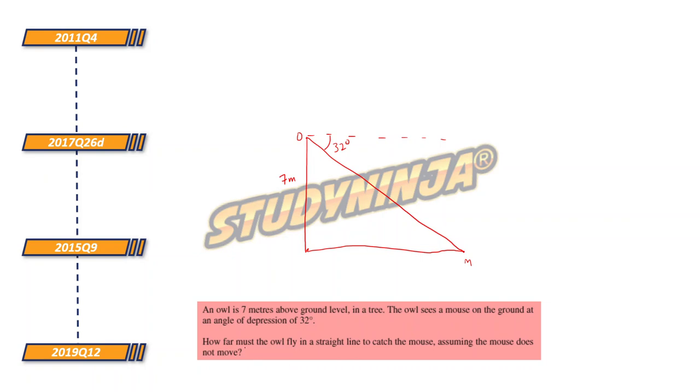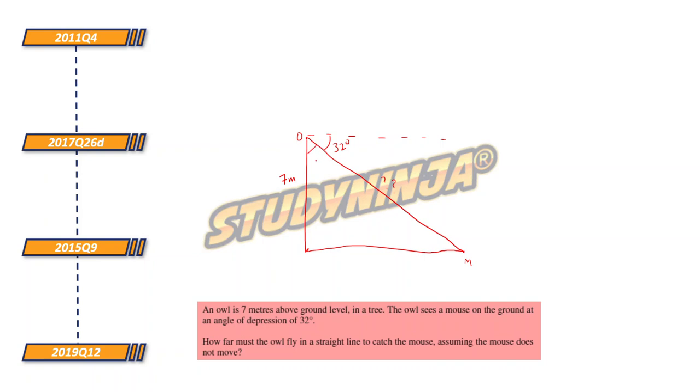So now it's asking you how far must the owl fly in a straight line to catch the mouse. So pretty much what is being asked is this length. So it's not that hard. It's just that progressively you're not being given different parts of the diagram until you reach this question where you're not given anything. And one more thing, in all the previous questions you were asked to use tan, whereas here tan is not going to work.